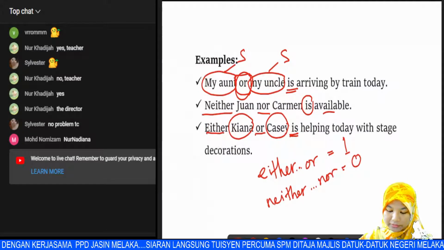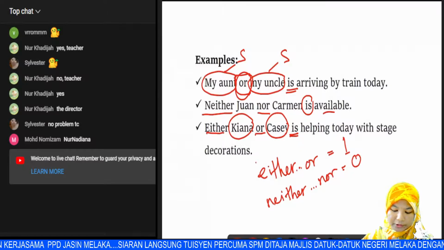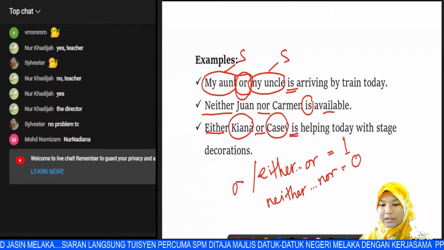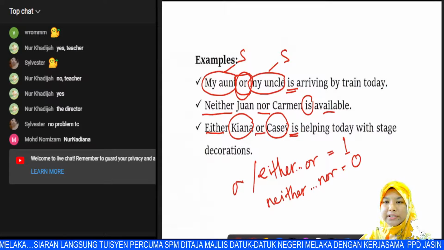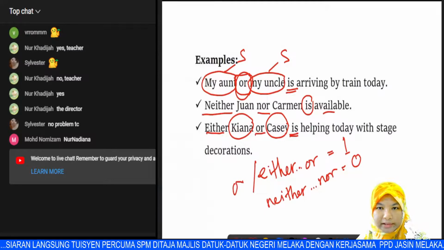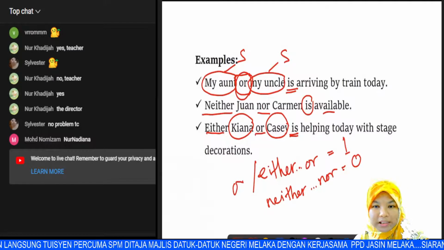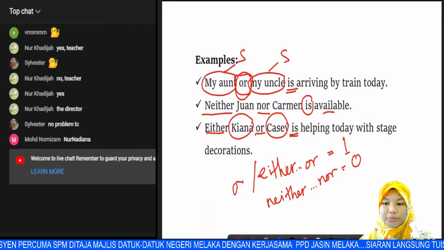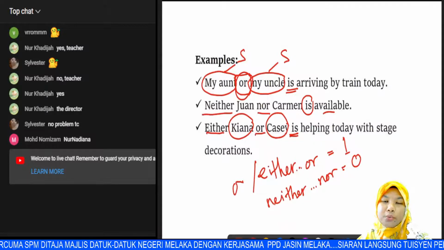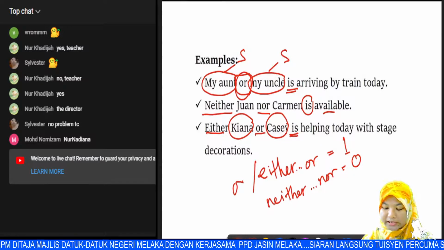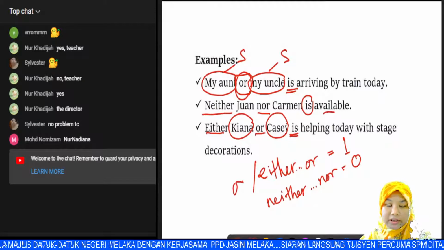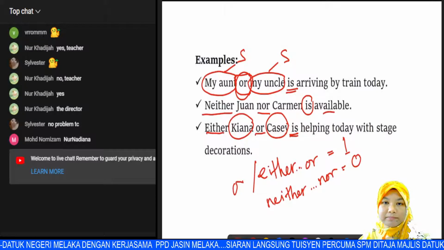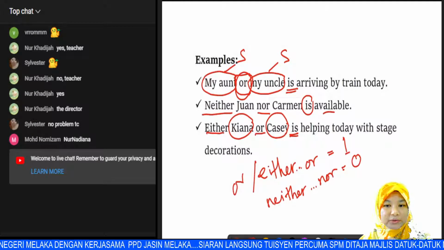The same case with "or". If you use "or" or "either...or", the result of the sentence will be one subject doing the task. However, if you use "neither...nor", it will equal 0. It means that no one will be doing the task, just like in the second example. Neither Juan nor Carmen is available. So none of them can actually cater to the task.